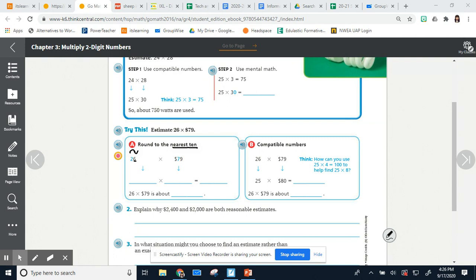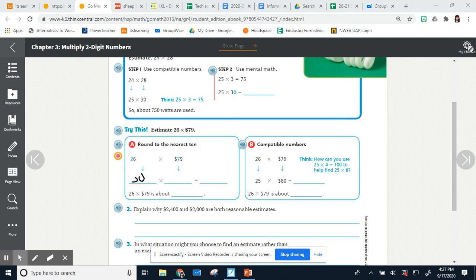Now remember, 5 or greater, you're going to add one more. Less than 5, it's going to rest. So that number here is a 6, that's greater than 5, so I'm going to add a 1 to the tens place. So that 2 is going to become a 3, and then I replace that 6 with the 0. Okay, we're going to do the same thing with 79.